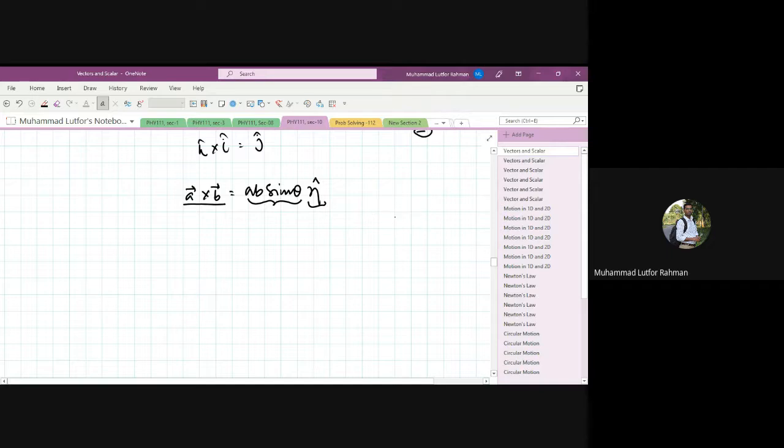Now, when you deal with these unit vectors, this is my i and this is my j. When you write i cross j, I know the magnitude of this one is 1, right? This one is 1, and the angle is 90 degrees, sine 90 degrees. That magnitude gives me 1. That's fine. Now, what would be the direction?